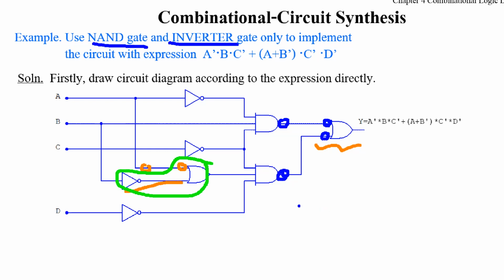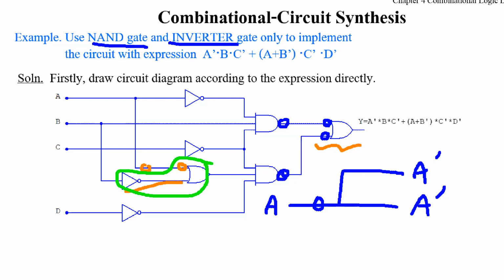At first let's consider this one. If this is signal A, and there is an inverter here, let me write it as only an inversion bubble right here. Of course, then it becomes A prime at this end and at this end, right?